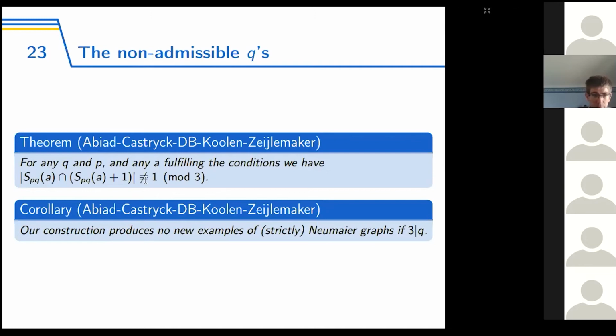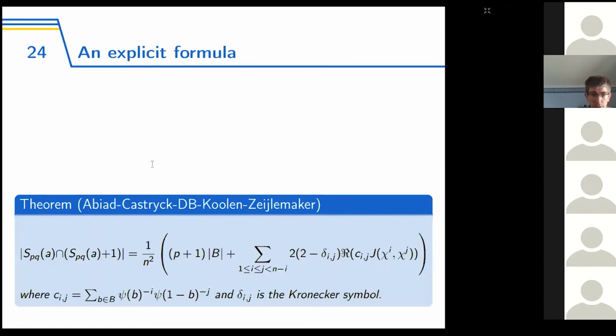Okay. That was already a disappointment, but we knew there were examples, so we were still hoping for the other Qs. And we could prove the following explicit formula for the size of the intersection of the power set and the power set shifted by 1.